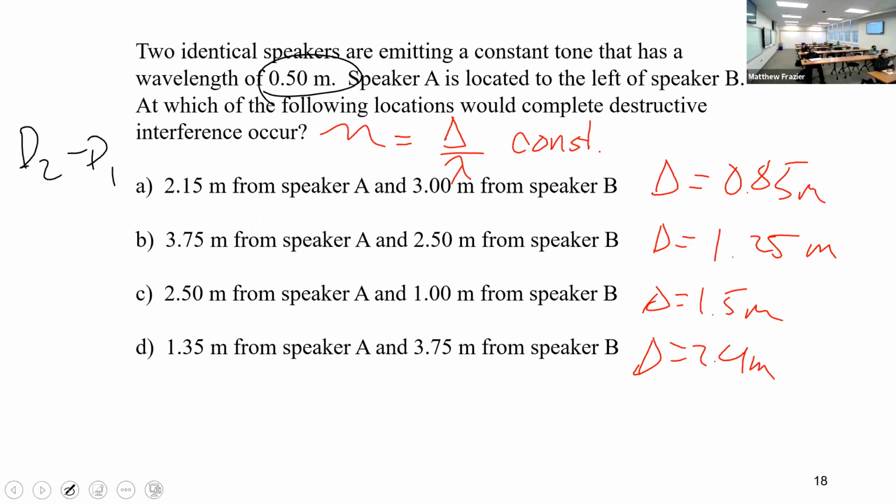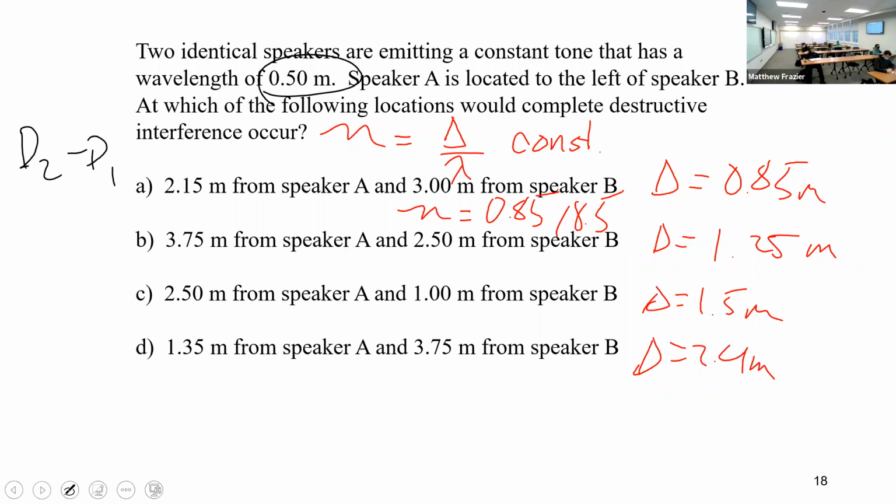But we can go through and look at these. So for the first one, N is going to be 0.85 divided by 0.5, and that's some ugly number. It's not going to be exactly a wavelength or a wavelength and a half.